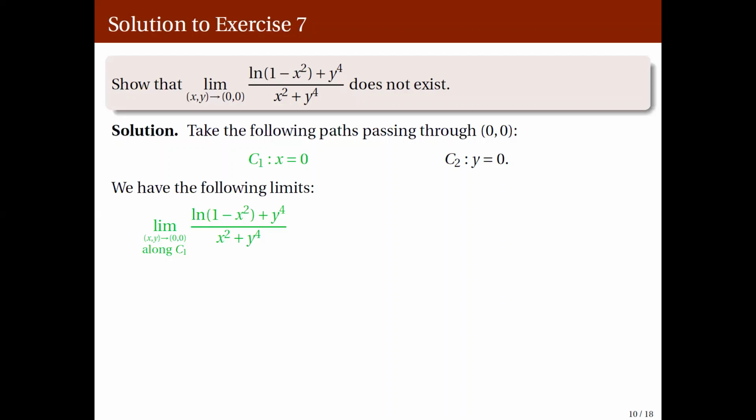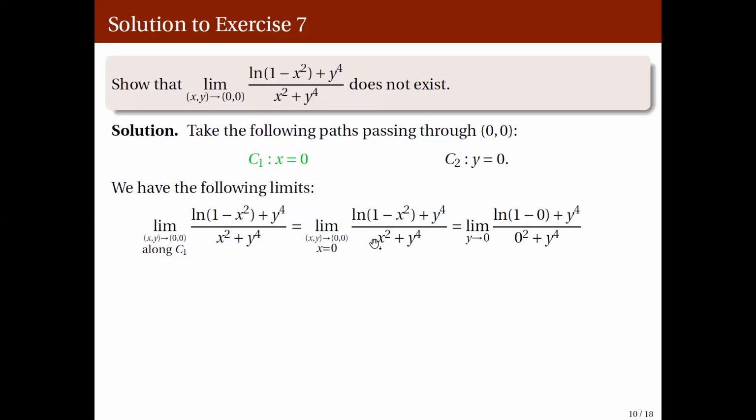Yung sa C1, x equals 0, ganito. So we replace the x's by 0, and we get this. The numerator becomes y to the 4. The denominator is y to the 4 as well. So it's going to be 1.